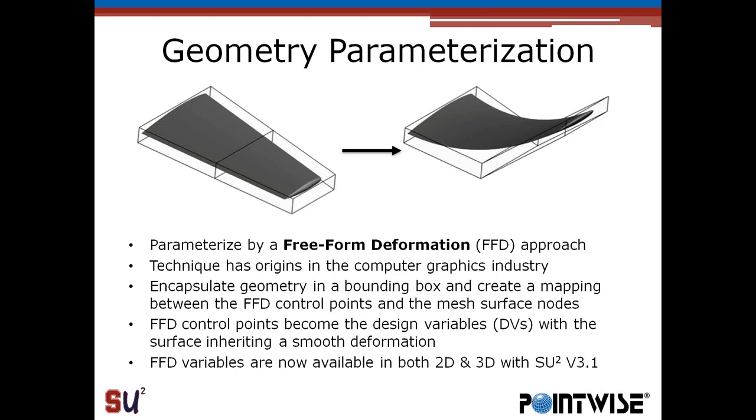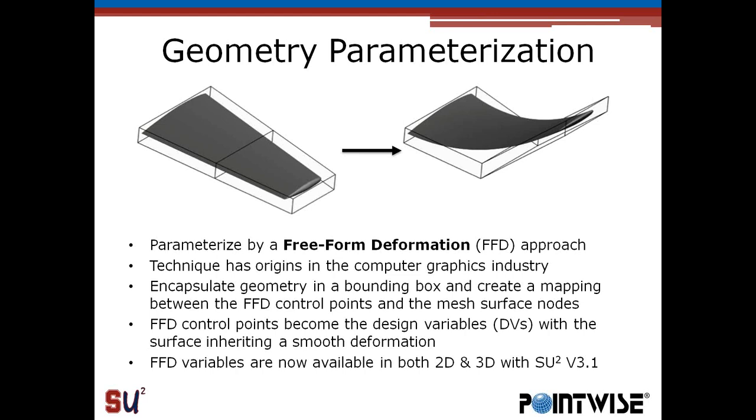The idea is that we want to define these FFD bounding boxes around our surface geometry, and we're going to create a mapping between the FFD control points, which are the intersections of these lines on the outer box you see around this wing, and the surface mesh nodes. Once we do that, we can grab some of these FFD control points and move them around, and we'll find that the surface inside inherits a smooth deformation.